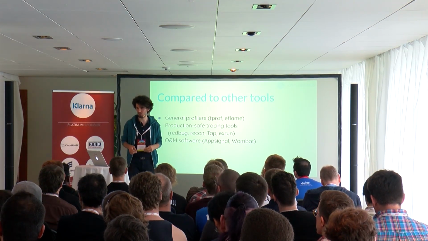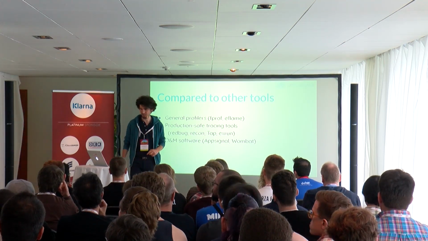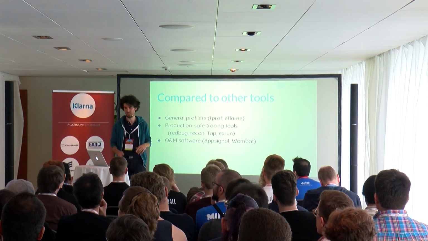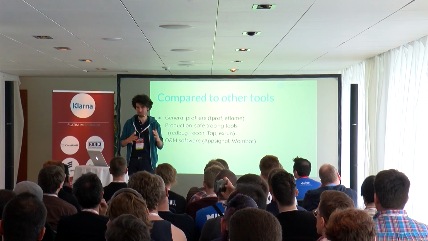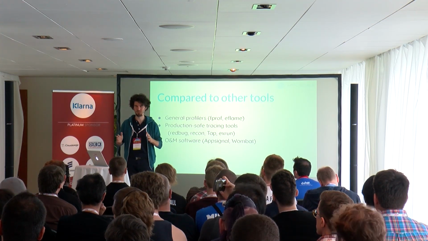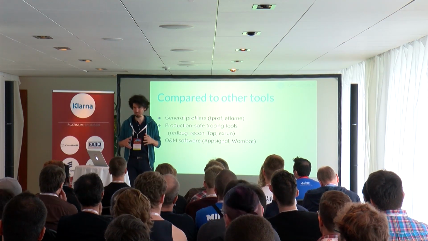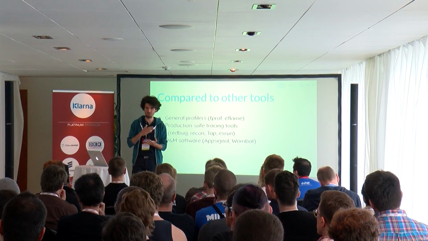The other class of tools is the tracing tools like Redbug, Recon, Tap, Xrun, just to name a few. They are production safe, so they have overload protection. They just take a number of samples and then they stop. They also have a time limit, but they serve a different purpose. You look at each event in detail.